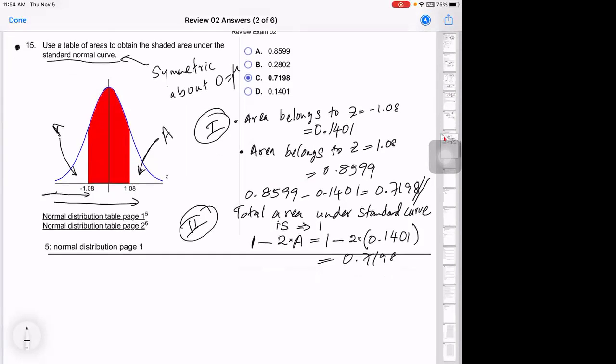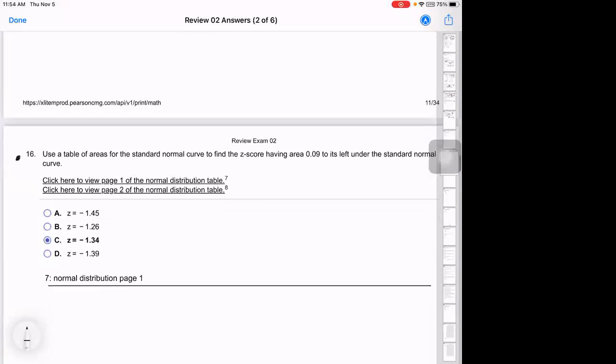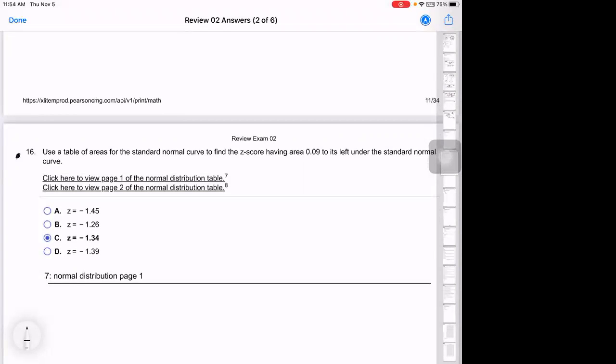Clear? Okay, let's move to question number 16. It's a little bit different. Still, we have to use the standard normal curve to find the Z-score, which means your Z value. Now they have given the area. See, the area is 0.09, the area to its left. I'll draw this picture for you.